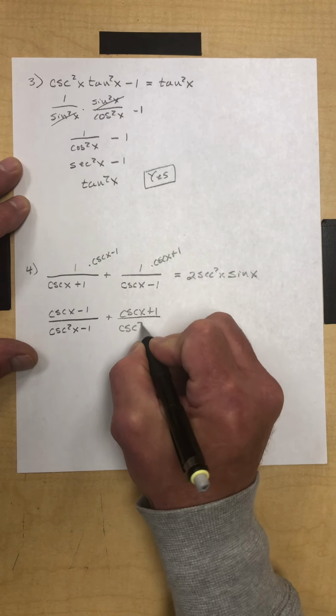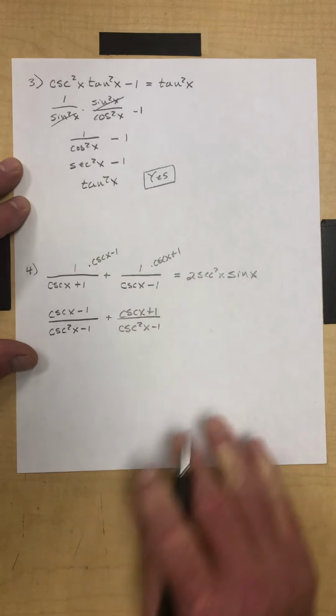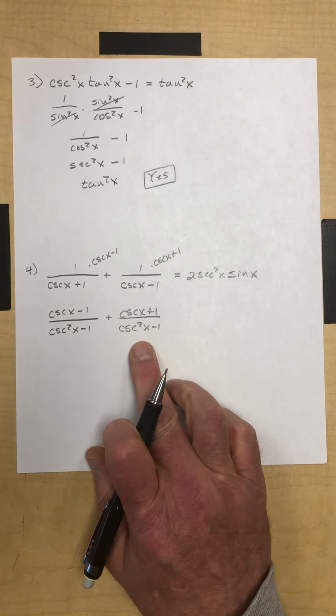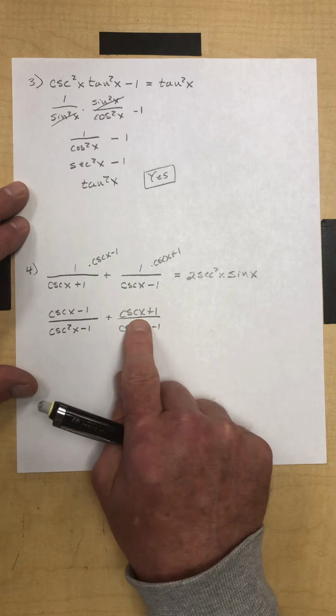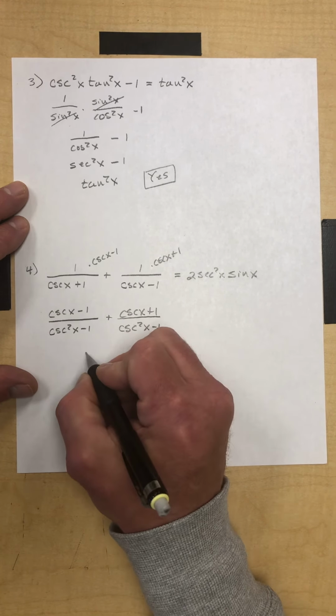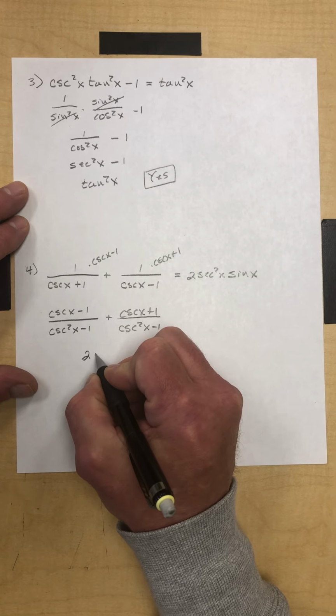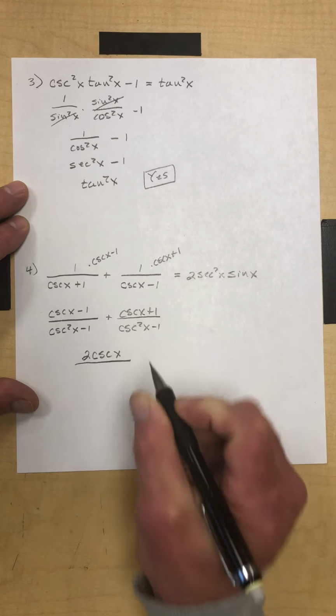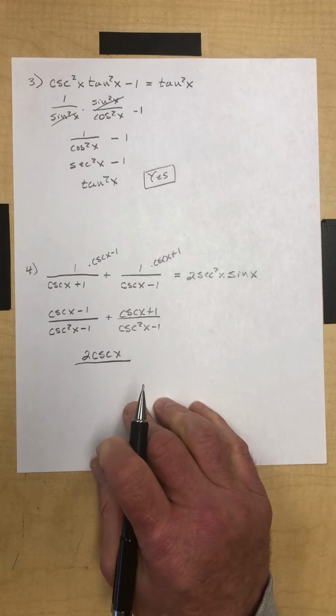So I get cosecant squared x minus 1. And notice now that they have the same denominator, I can add them together. Okay, so notice when I add the numerators, the negative 1 and the 1 cancel off. And then cosecant plus cosecant is just 2 cosecant. So that'd be 2 cosecant of x all over cosecant squared minus 1.